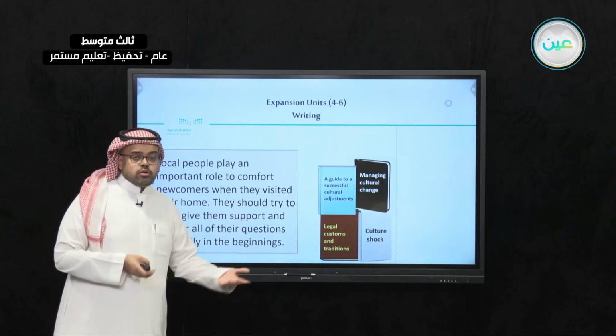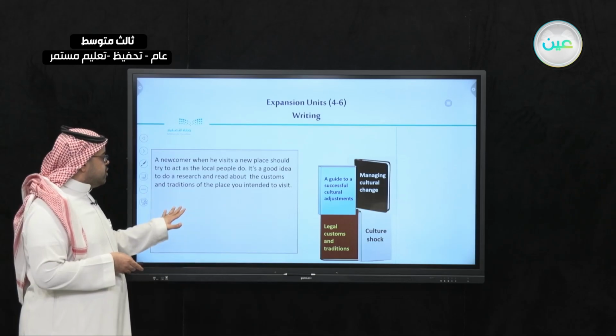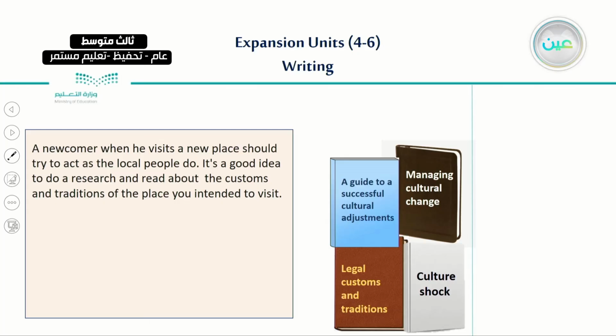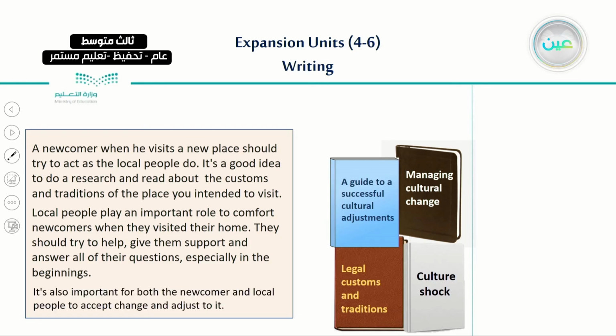So now I have gathered the first advice about a newcomer and the second one, and I concluded my writing with one sentence. As we said, this is a general statement that could fit all of my writing: it is also important for both the newcomer and the local people to accept change and adjust to it.